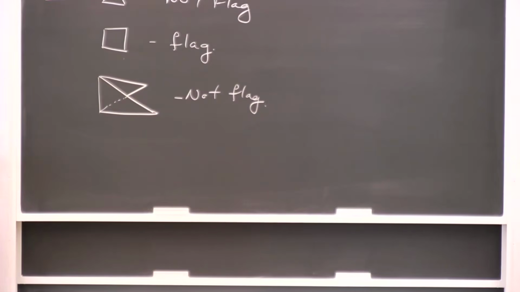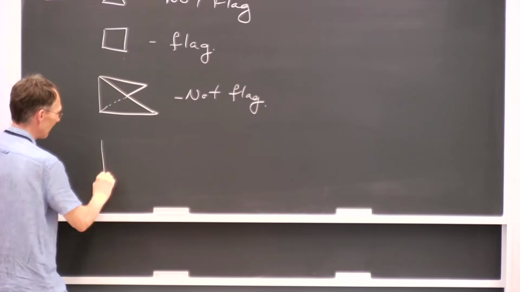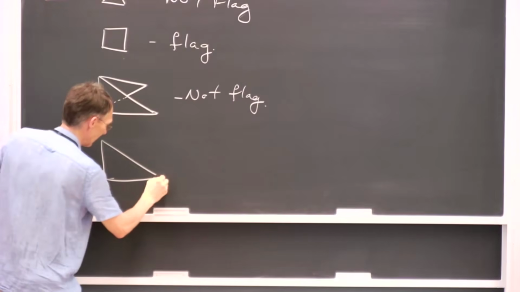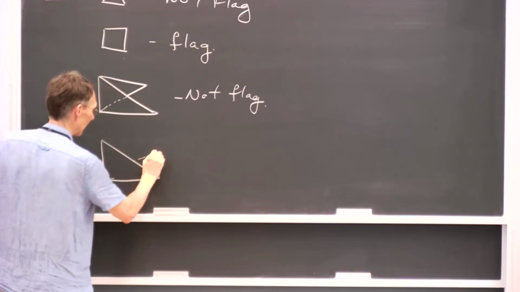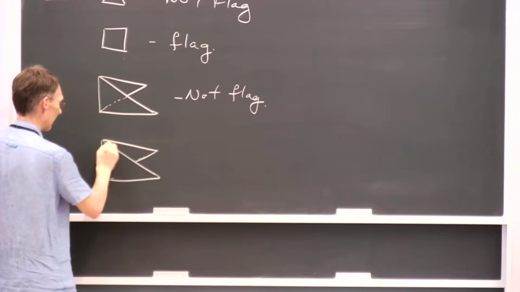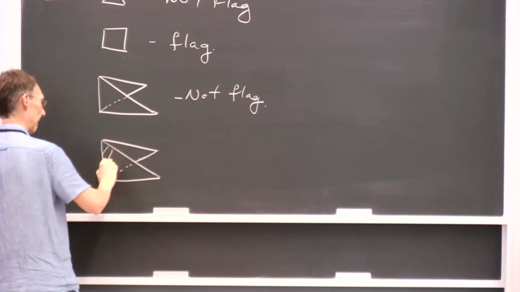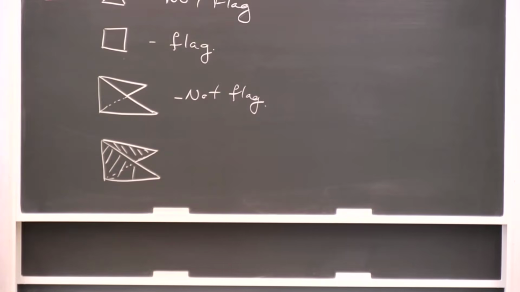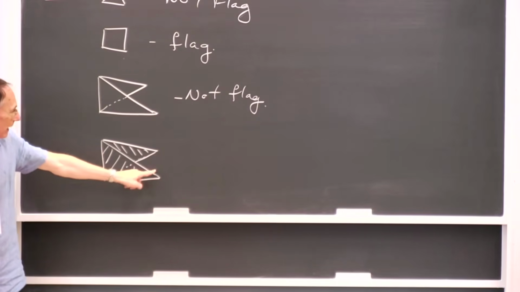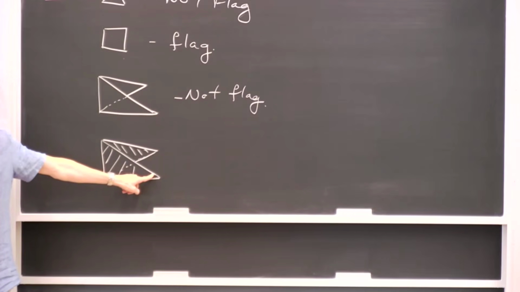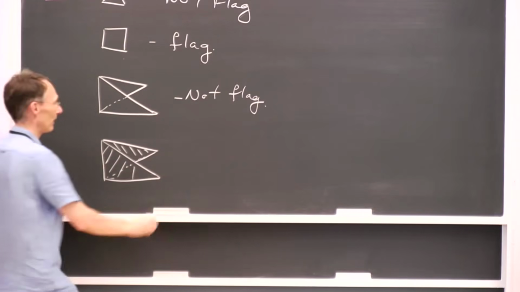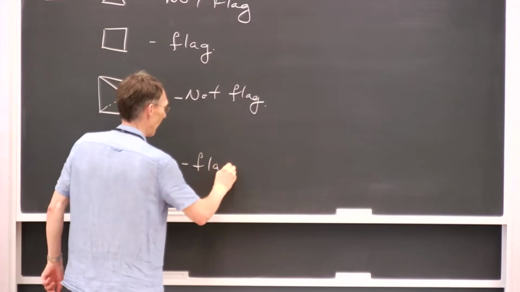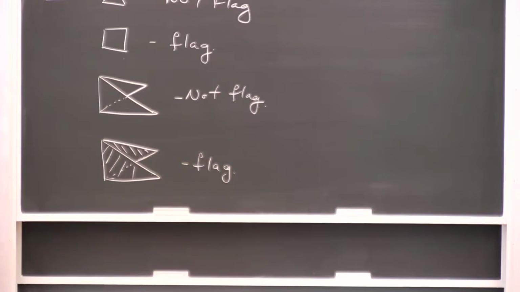But if you filled in those two missing two faces, then what is missing is an edge, and that's the one minimal missing face. So this is flag. Okay.